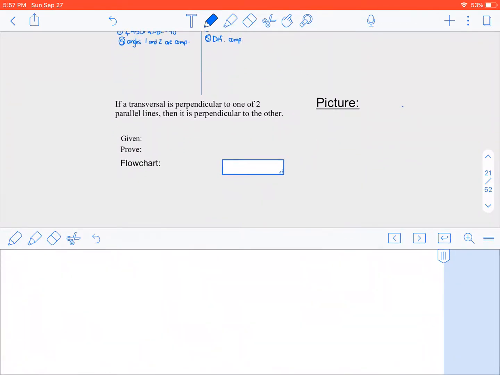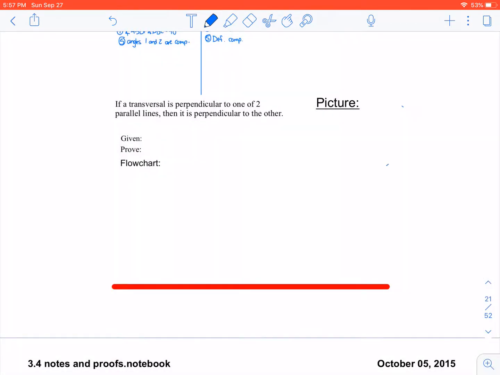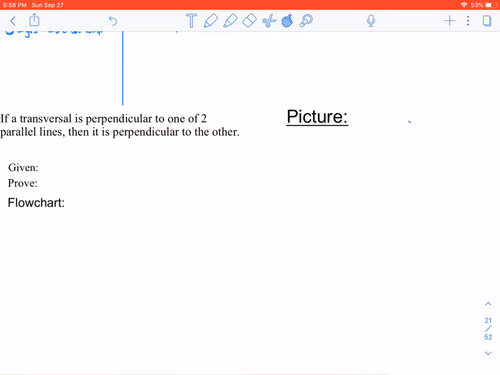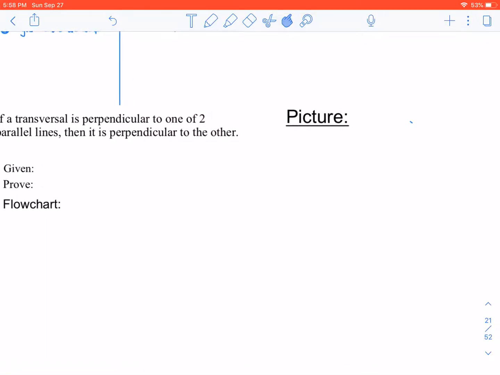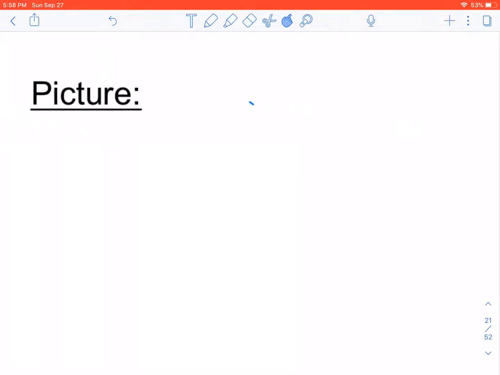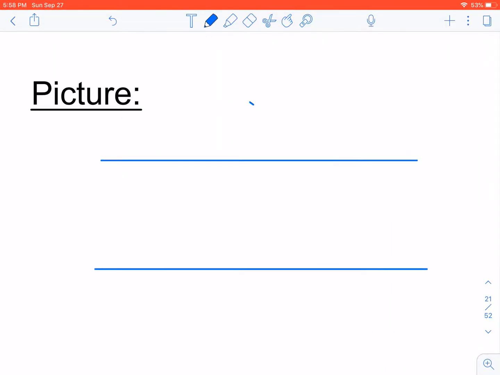Alright, this one. Let's draw our picture. If a transversal is perpendicular to one of two parallel lines, then it's perpendicular to the other. So I have a parallel line here, another parallel line here, and it says a transversal that is perpendicular to the first one.